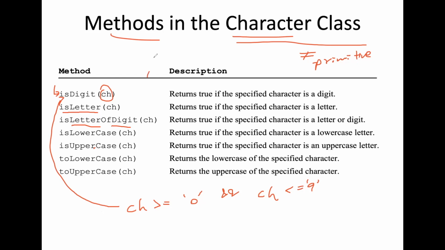These are Java APIs that you would see in a standard SDK documentation. Note the Character with the capital C. This is a class in Java. And notice that every single one of these methods requires a char parameter. So you have to send in this ch as an argument to invoke these methods.